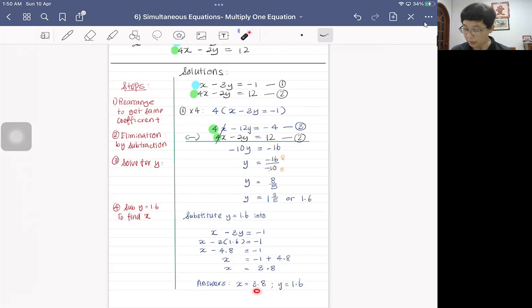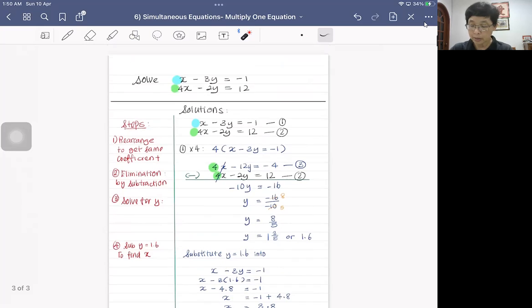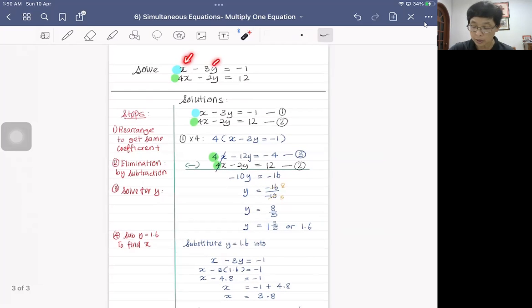You can take this x and this y. You can test it out by substituting into here and to confirm, do you get the constant? If it is a true statement, that indicates there are zero careless mistakes, and you know what that means? That means full marks is on the way to your pocket.